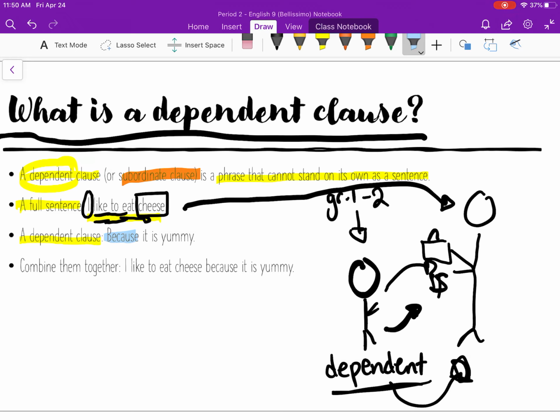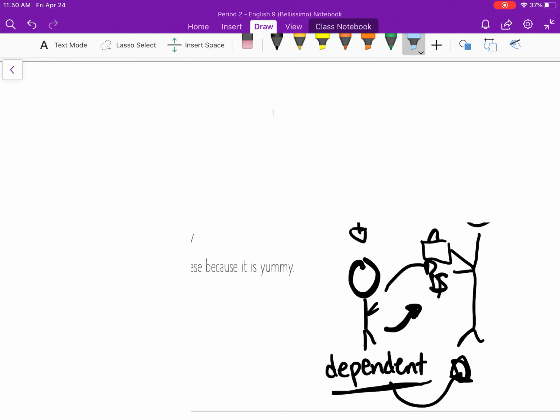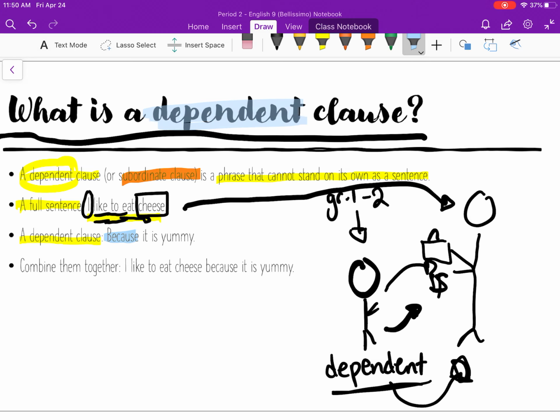If you've ever been taught that you can't start a sentence with because, that was a lie. It was probably a time where your teacher was trying to simplify things for you to make you understand and have nice, strong sentences. But you can start a sentence with because. Just when we start a sentence with because, we're getting into that idea of dependent clauses.